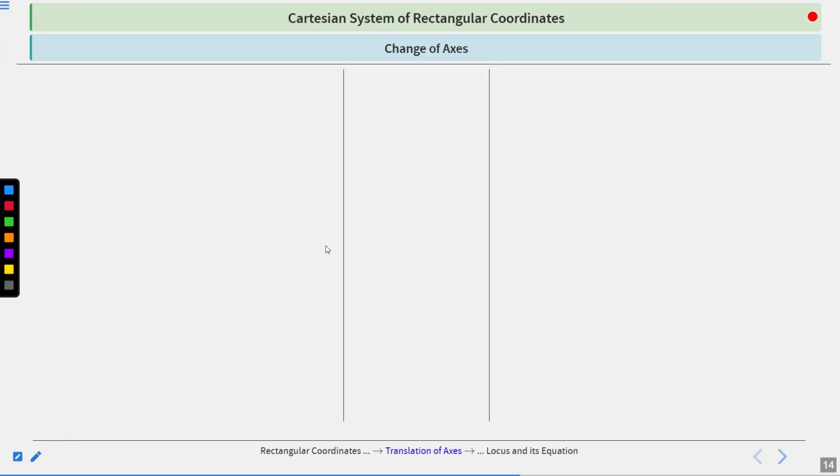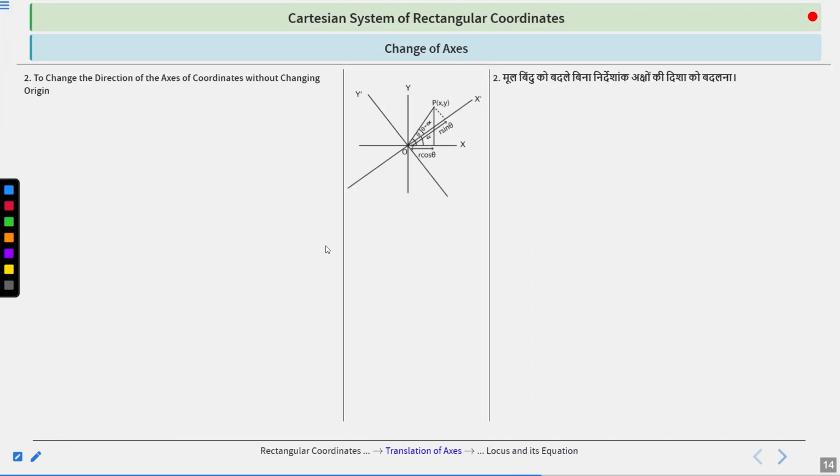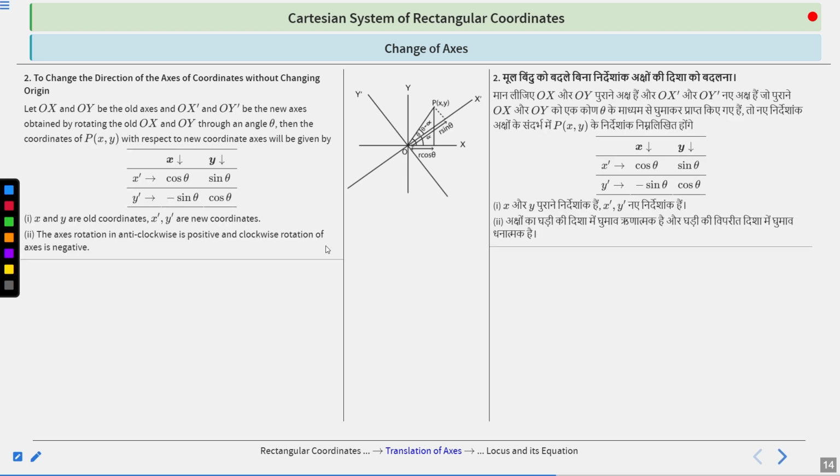So change of axis. To change the direction of the axis of coordinates without changing the origin, let OX and OY be the old axis and OX' and OY' be the new axis obtained by rotating the old OX and OY through an angle theta.